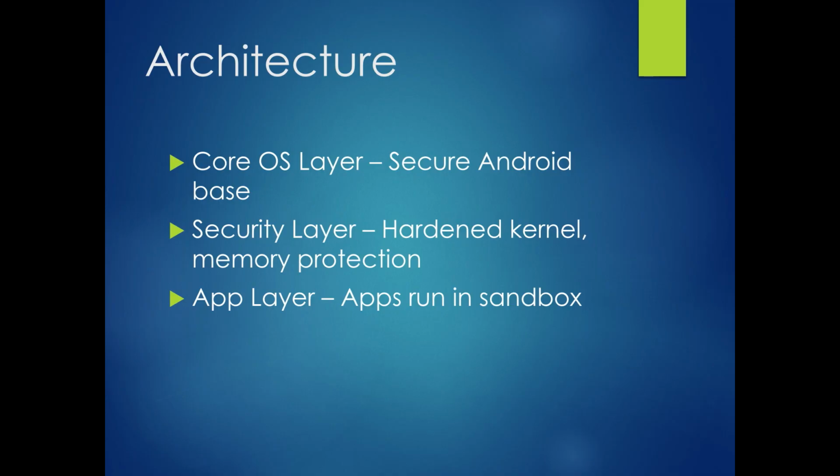There is a security layer on top of that, which hardens the kernel and memory protection, so no apps can behave badly. Then there is an app layer, and all the applications run in a sandbox environment. As you know, in a sandbox environment an application runs in that environment itself, not on top of the whole mobile operating system. It does not affect other things in your mobile.